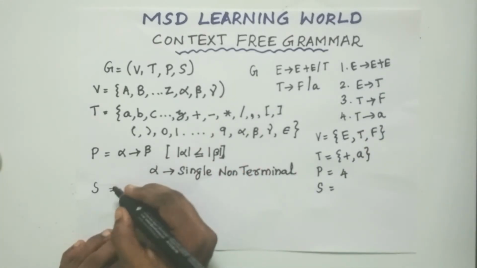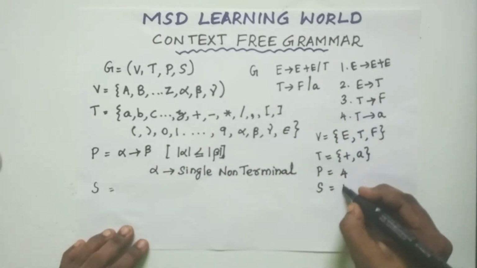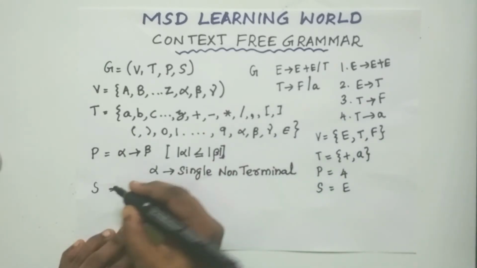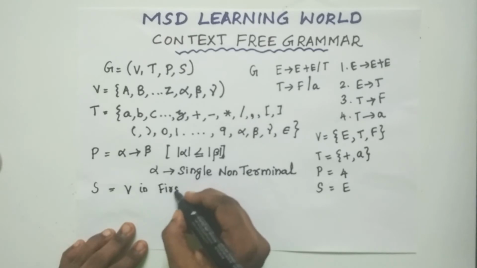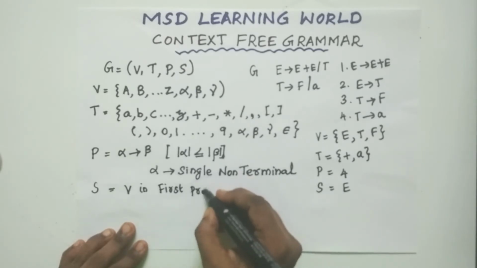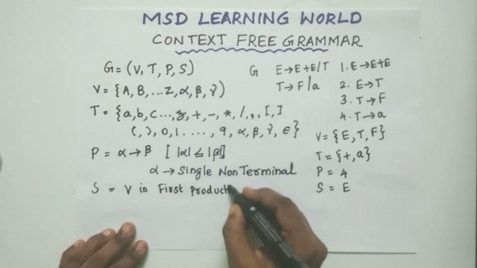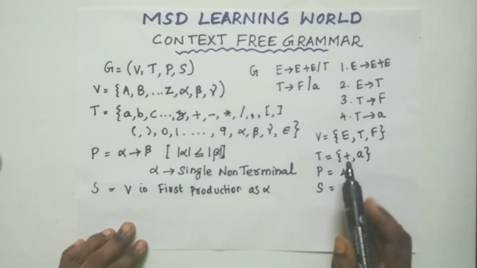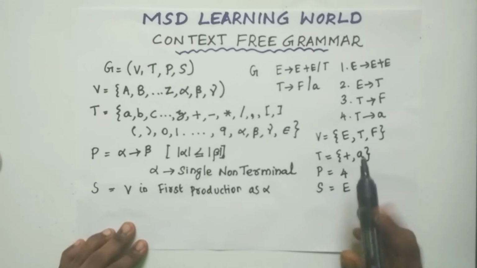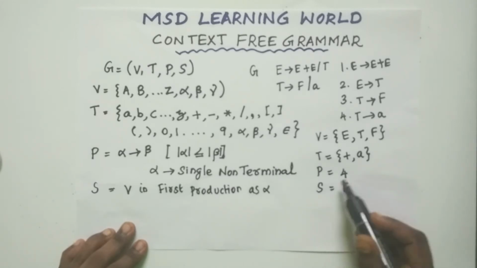So for this grammar, the starting symbol is capital E. The alpha of the first production present in the grammar will be the starting symbol of the grammar.